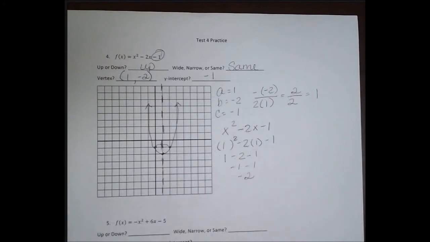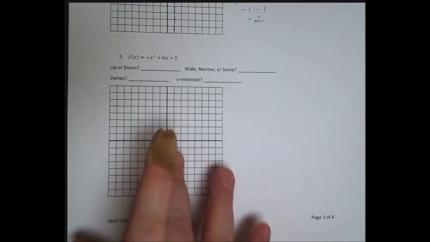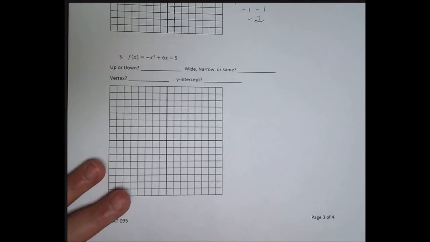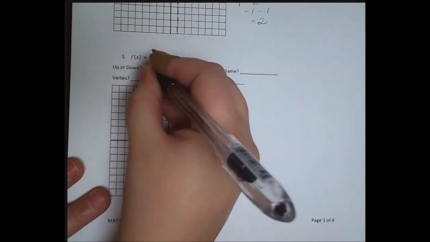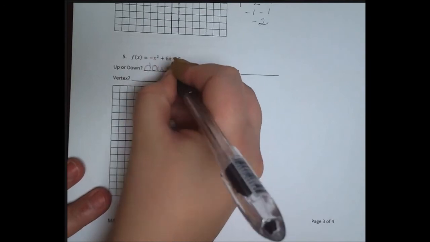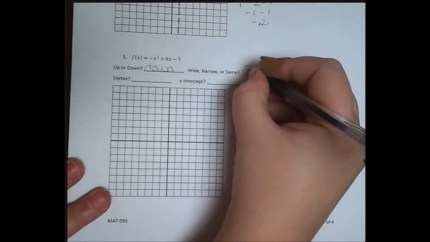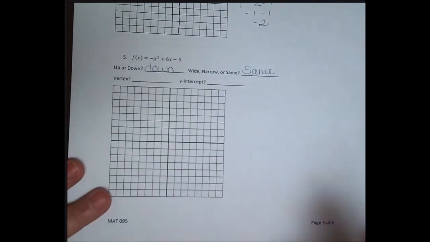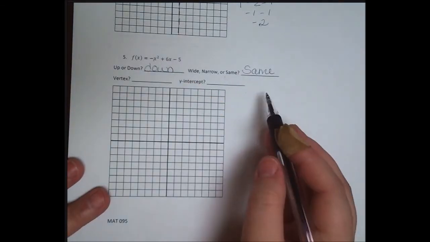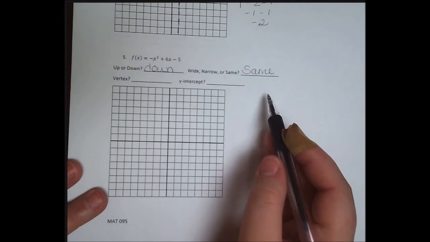Okay, so now let's look at problem number 5. So we know our graph is going to point down because our A is negative, and we know it's going to be the same because this is a 1. So when it's a positive or a negative 1, we're going to say that our graph is the same as that graph of x squared.